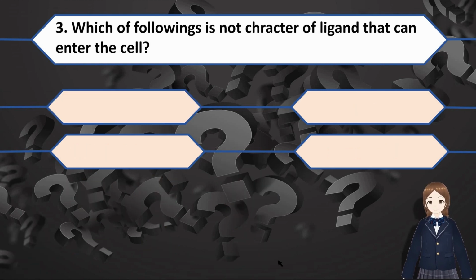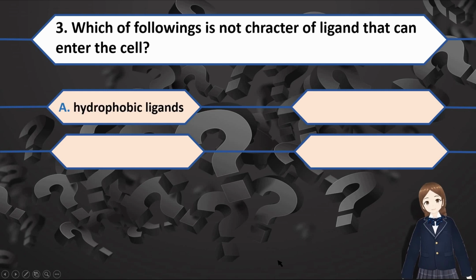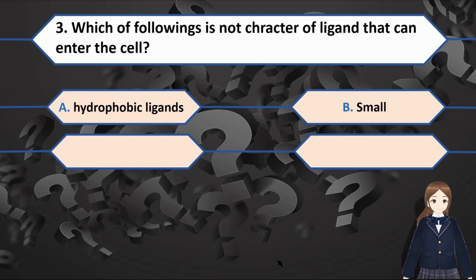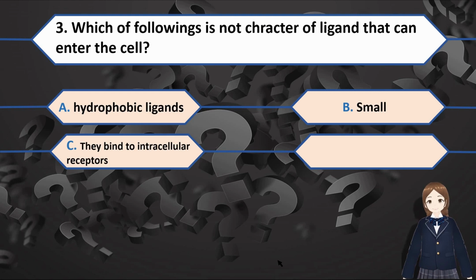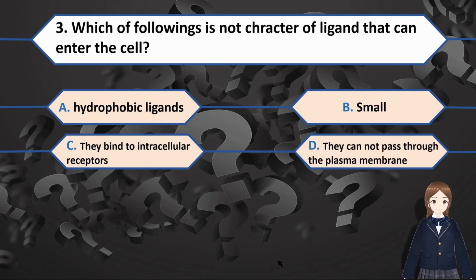Question number 3. Which of following is not character of ligand that can enter the cell? A. Hydrophobic ligands, B. Small, C. They bind to intracellular receptors, and D. They cannot pass through the plasma membrane.